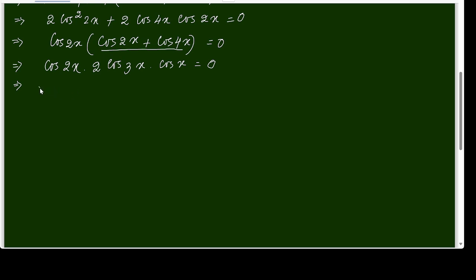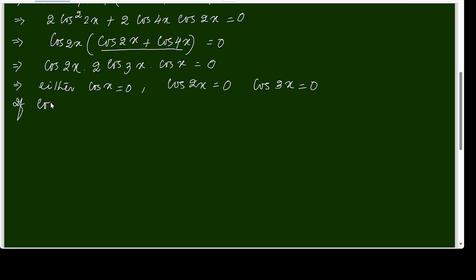So now either cos x equals 0, cos 2x equals 0, or cos 3x equals 0.